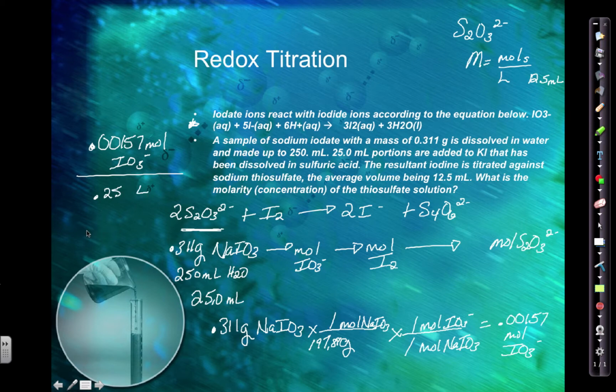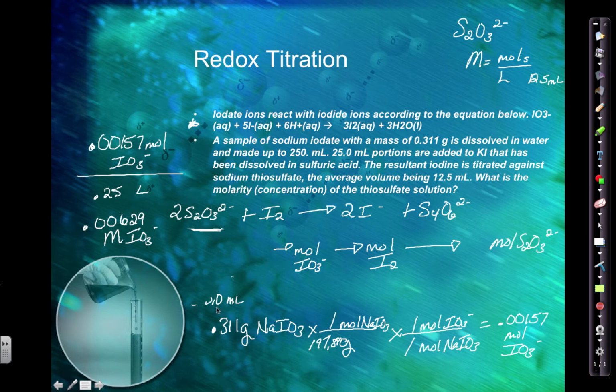So my molarity is actually 0.00629, and that's for my iodate. That's my molarity. Okay, so this is the part that might be a little bit confusing to some people.